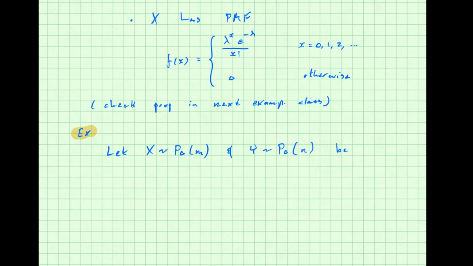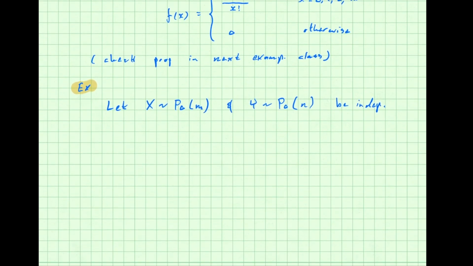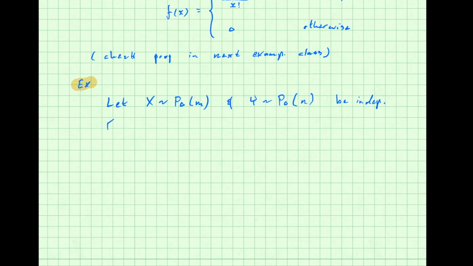Let's let these be independent. All right, so those are independent discrete random variables. And the big challenge of this example is I want to find the probability that X plus Y is equal to 1.